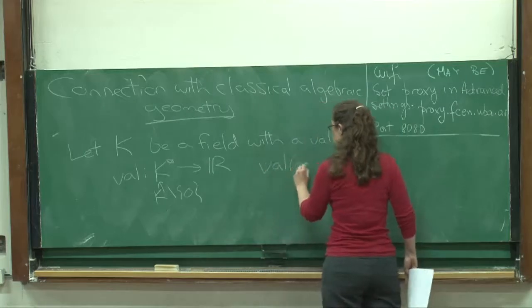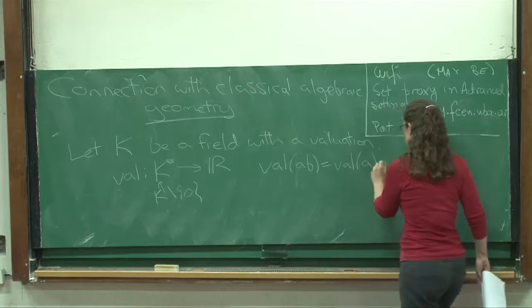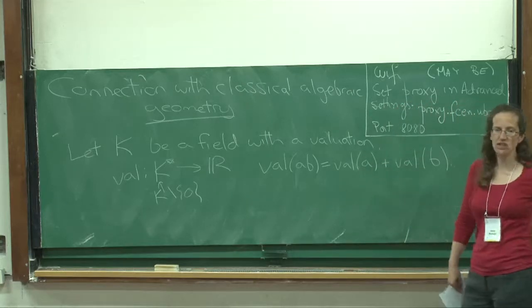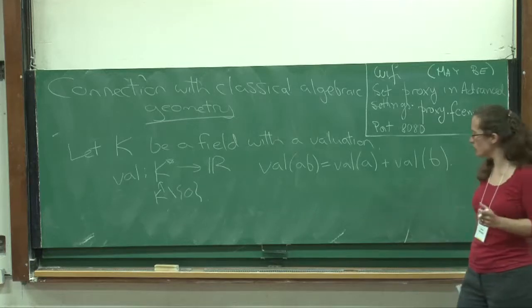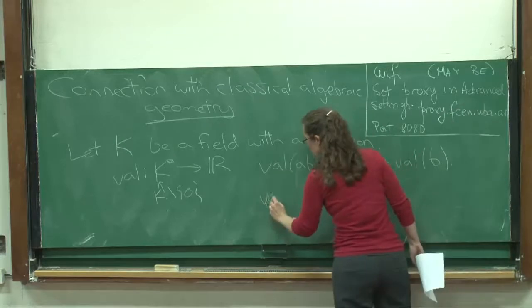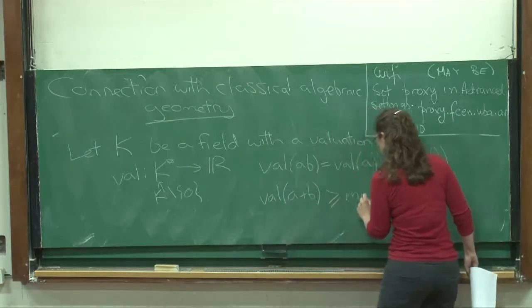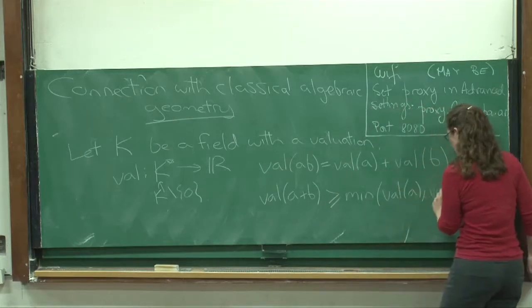The valuation of A times B is the valuation of A plus the valuation of B. Okay, so you think valuation is like the tropical semi-ring, it turns multiplication into addition. And then the valuation of A plus B is at least the minimum of the valuation of A and the valuation of B.